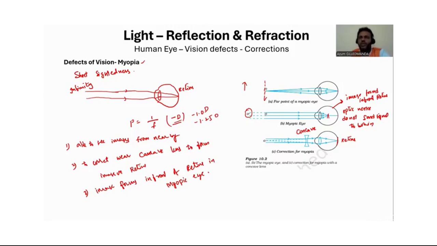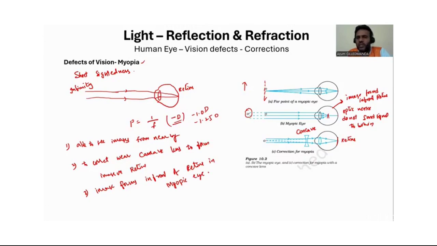And I'll give you a suggestion here, advice: whenever you feel that you are not able to see the things on the board, the first thing you should do is consult the ophthalmologist, determine what power you have, and immediately start wearing glasses. Wear your spectacles.